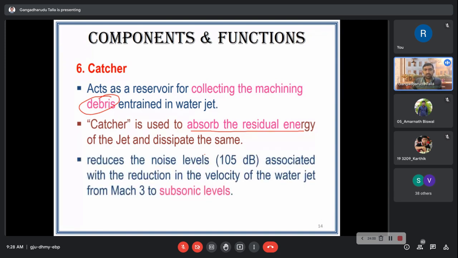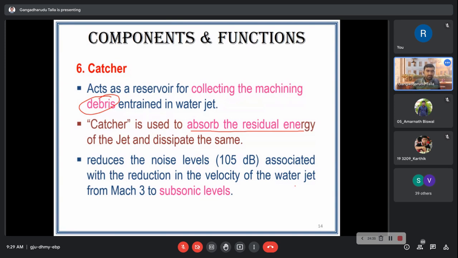Now it reduces the noise levels associated with the reduction in the velocity of the water jet from Mach 3 to subsonic levels. What is Mach 3 velocity? 3 times the velocity of sound. About 330 is the velocity of sound. So about 1000 meter per second to subsonic levels below 330.